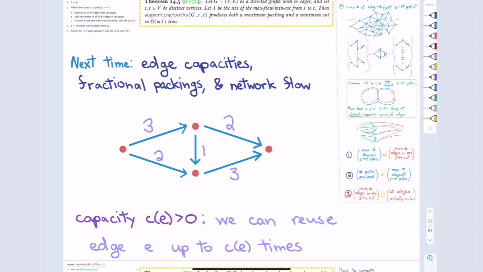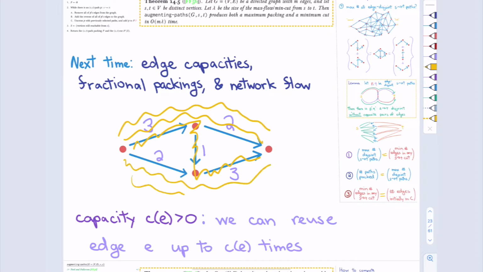Okay. So I think we did this last time, but in this very simple example, we can get a solution of 5, within the purple capacities. So the edge that's labeled 3 is appearing in 3 paths. The edge that's labeled 2 is appearing in 2 paths, and so forth.